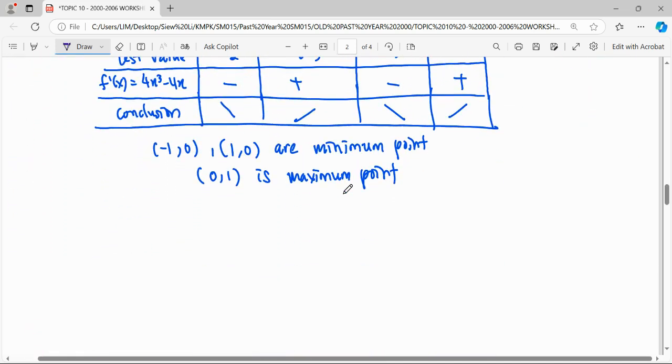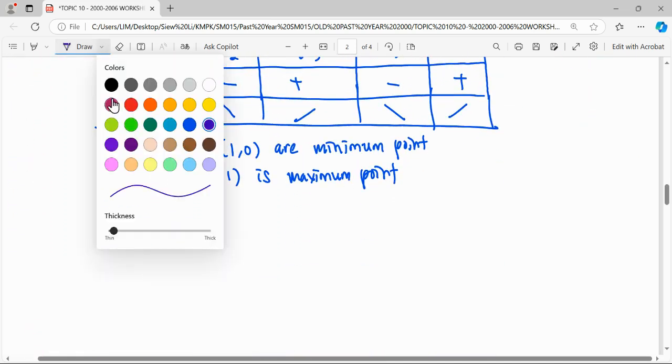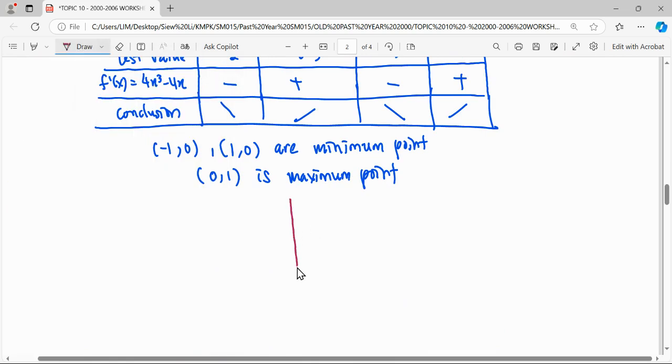When we come to sketching, we plot the important points first and label the axes, x-axis and y-axis. You have two minimum points at -1 and 1. And the point (0, 1) is the maximum point.